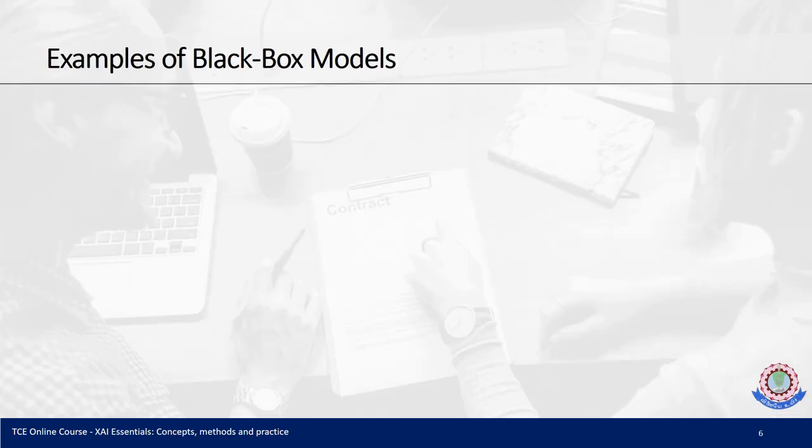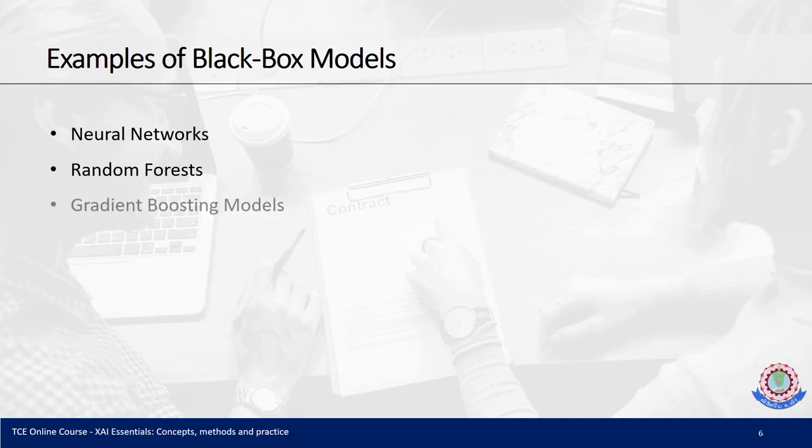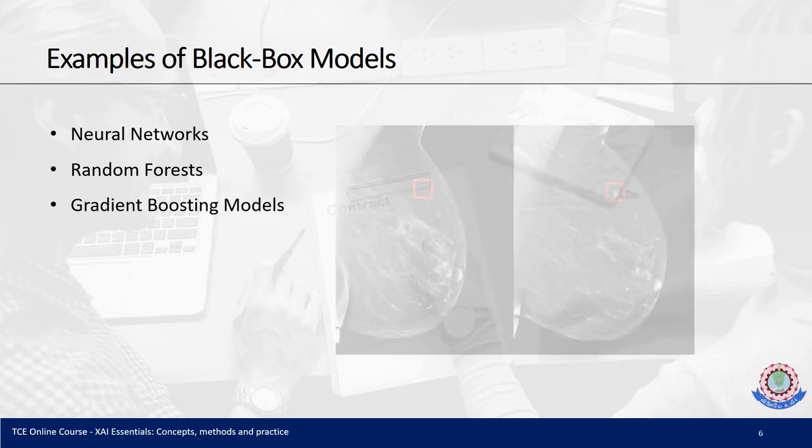Common examples of black box models include neural networks, especially deep neural networks, random forest which combines many decision trees, and gradient boosting models which build models iteratively. These models involve thousands or even millions of parameters, making direct human interpretation extremely difficult.